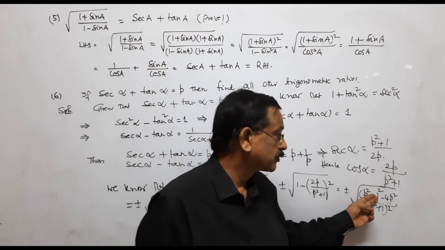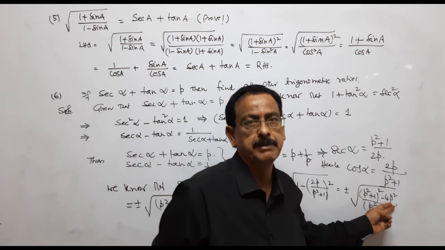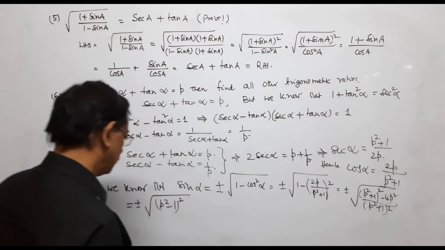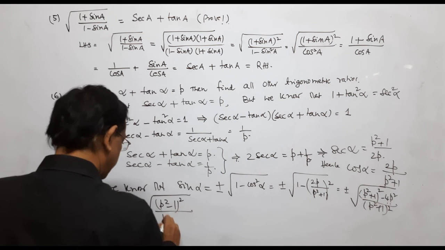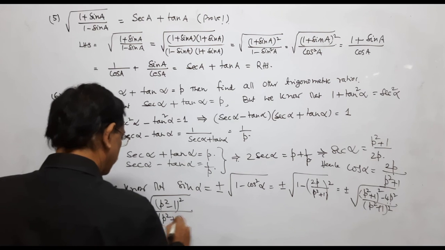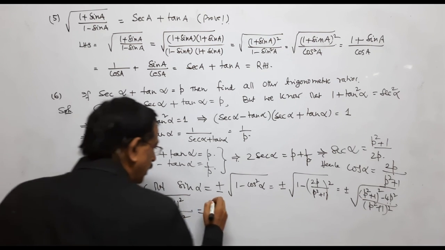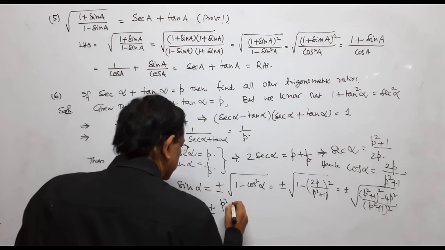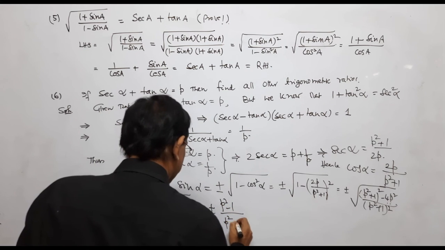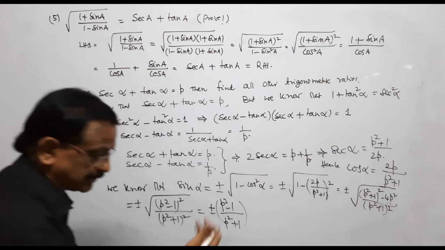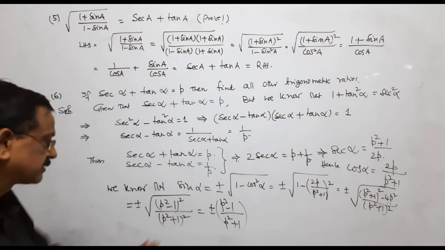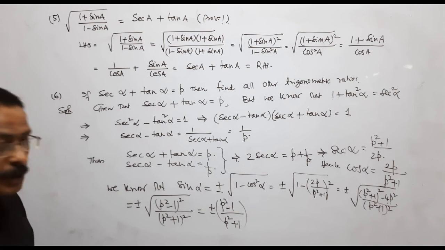(A plus b) whole square minus 4ab is (a minus b) whole square. So (P square minus 1) whole square by (P square plus 1) whole square. Now there is a square here, a square here, and a square root, so plus or minus (P square minus 1) by (P square plus 1). Now decide whether it is plus or minus. I'm leaving it for you to think over.